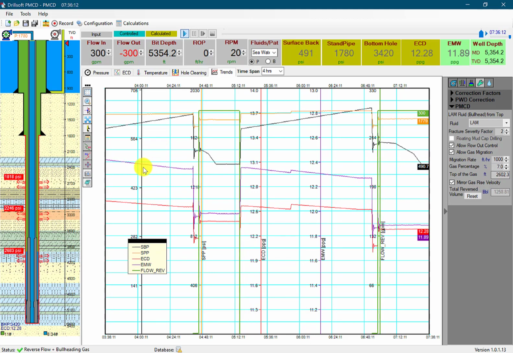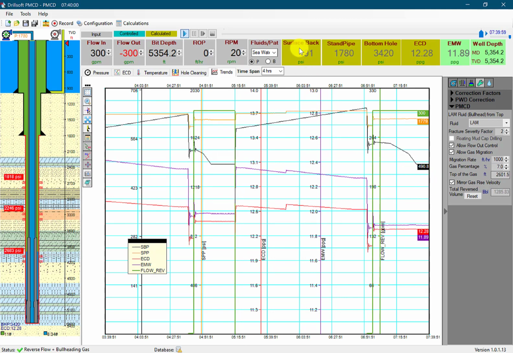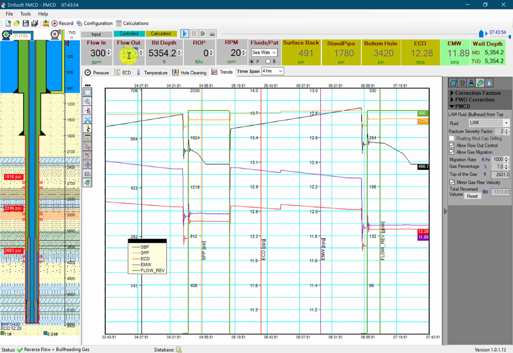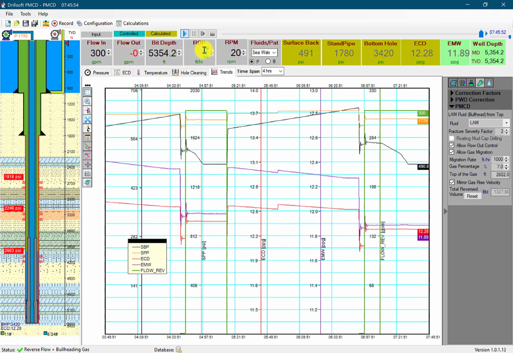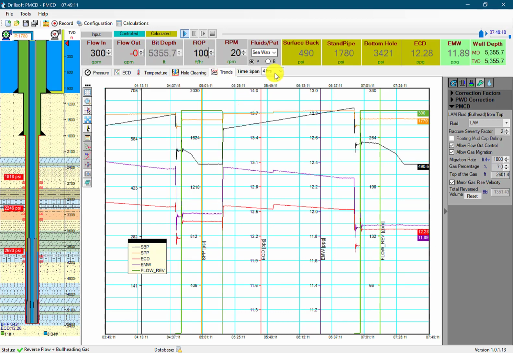The pressure should drop somewhere around here. And the pressure is no longer changing. It's stopped at 490. So let's go ahead and stop bullheading, and let's start drilling again.